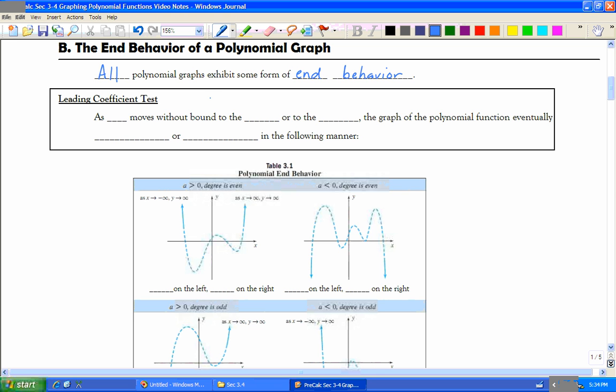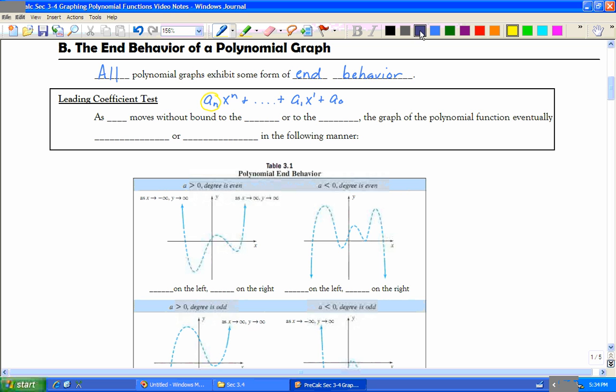Well, if we have a polynomial function, a sub n x to the nth plus, and then this goes on for a while in between depending on the function, a sub 1 x, and then our last term, which is a sub 0, which is our constant. The leading coefficient that we're looking for is right here, a sub n.